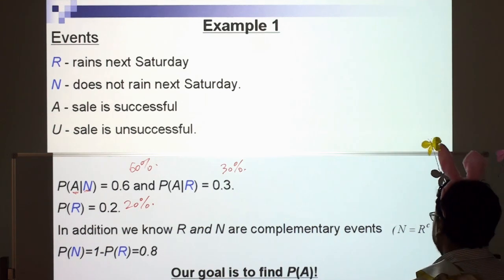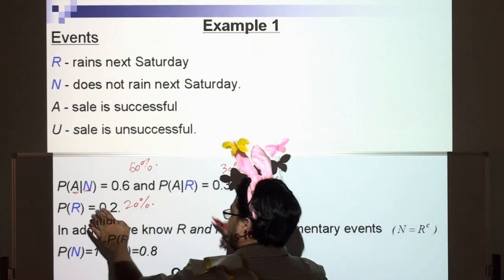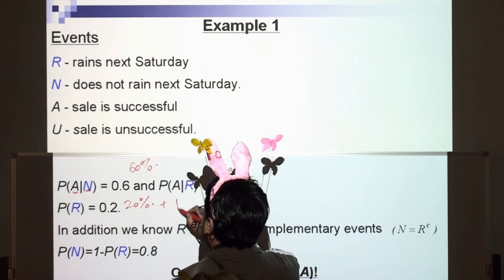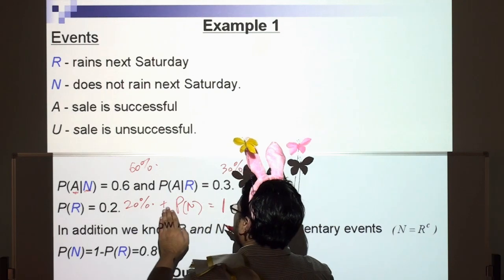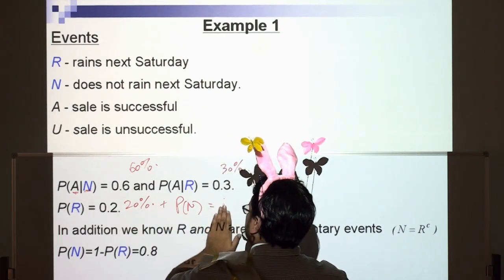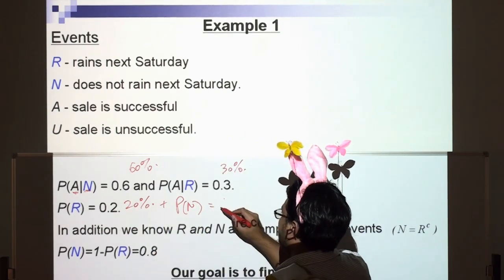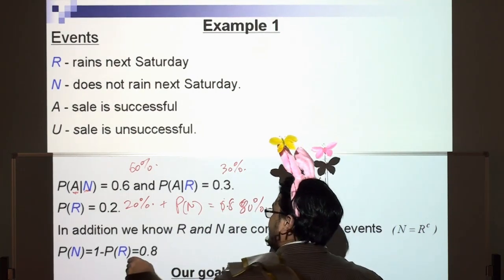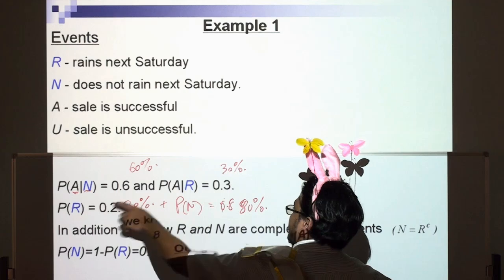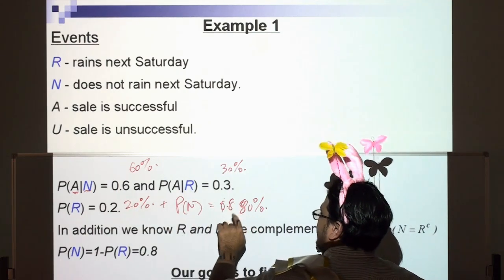N equals R complement. Therefore, this 0.2 plus the probability of no rain should equal 1. So rain is 20%, so no rain is equal to 0.8 or 80%. Okay, as shown here, 20% it'll rain, 80% it won't rain.